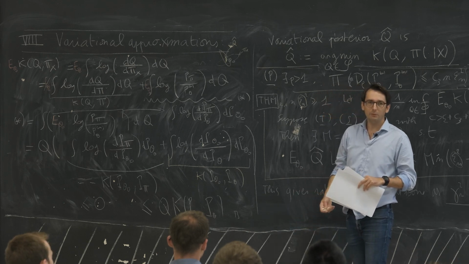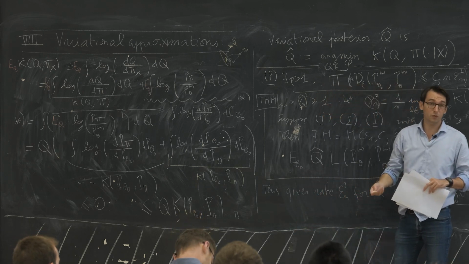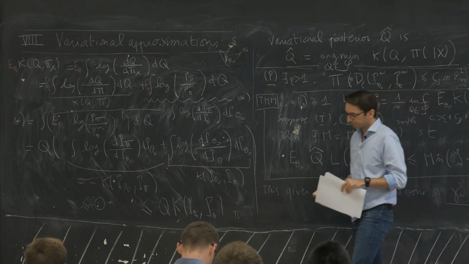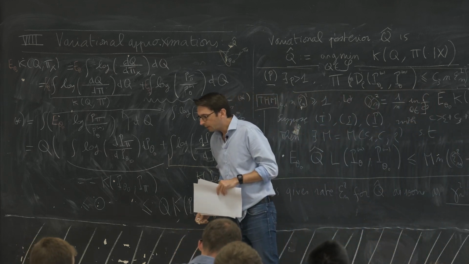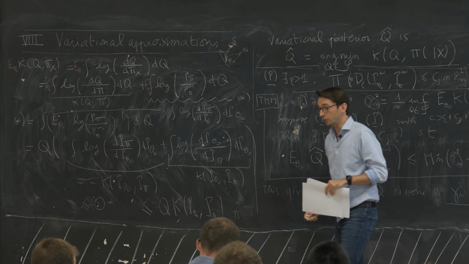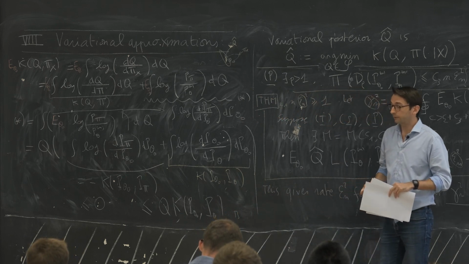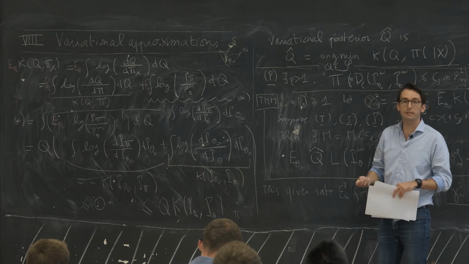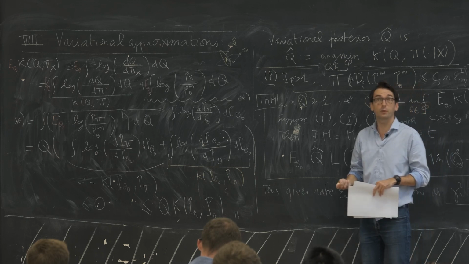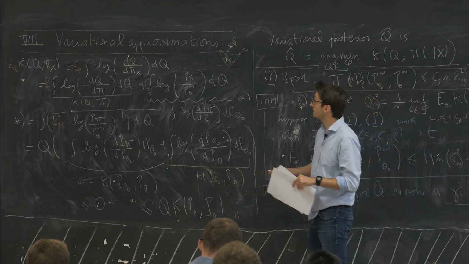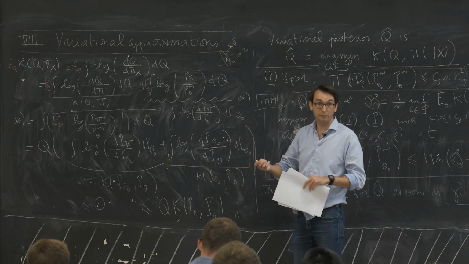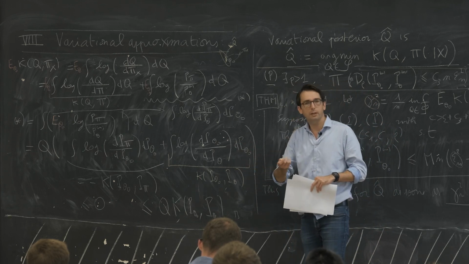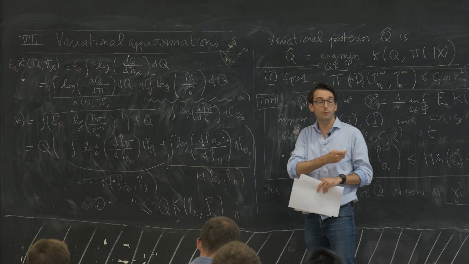But ideally, what you'd like to do, and that's also an interesting question in this area, is to try to say more about this. Can we say that the variational posterior resembles the posterior in that, for instance, it has similar uncertainty quantification or similar model selection properties?